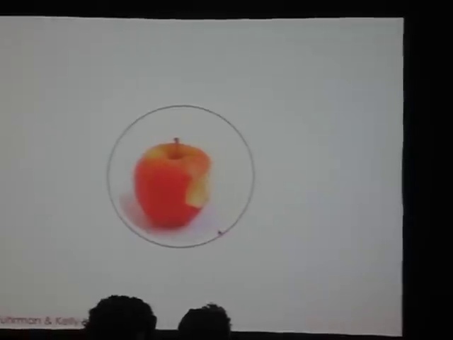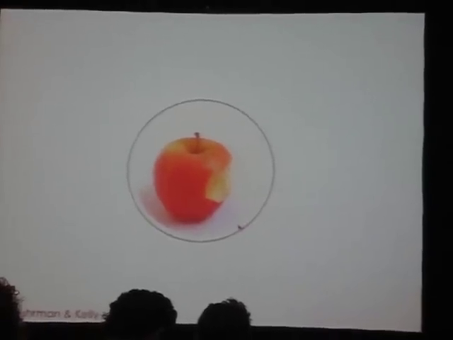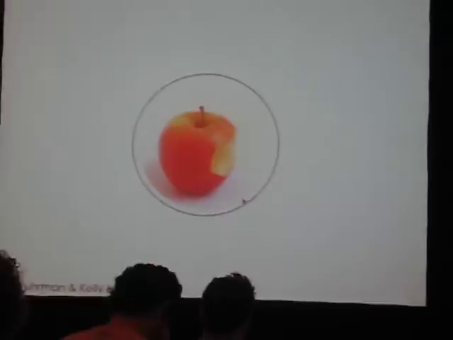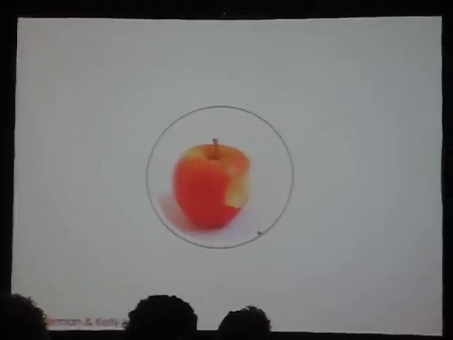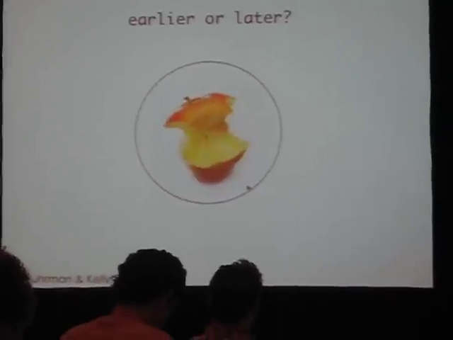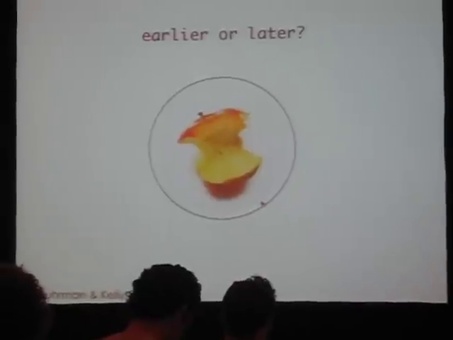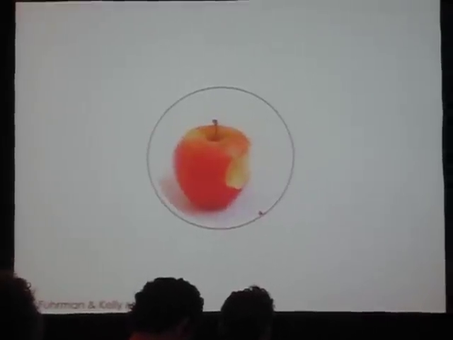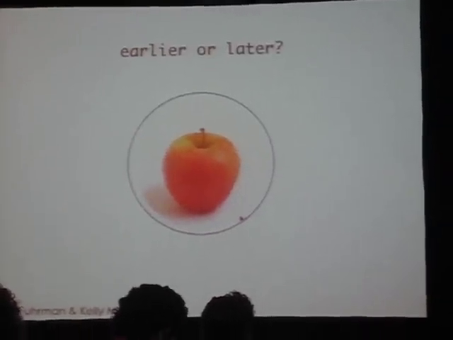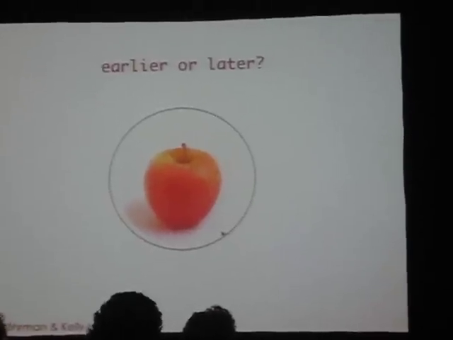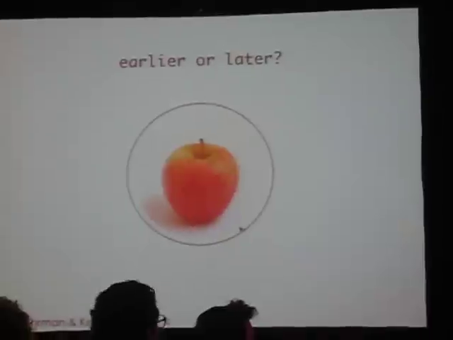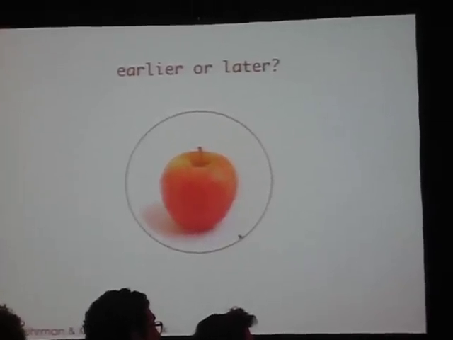So we did a task like this. This is an adaptation of a snark paradigm. People see a picture. This is a midpoint in some events. So this is an apple halfway through being eaten. And right afterwards, you see a picture that's either a later time point, a more eaten apple, or an earlier time point, a less eaten apple. And people are asked to say whether the second picture is conceptually earlier or later than the first picture.